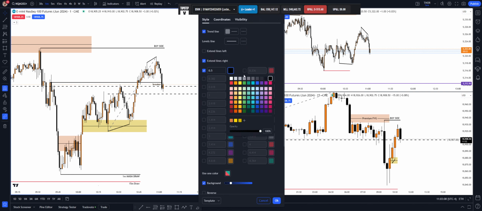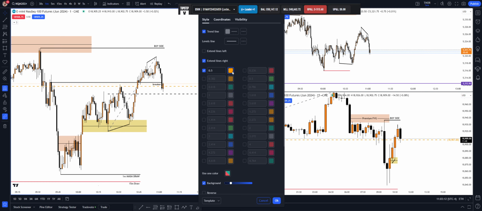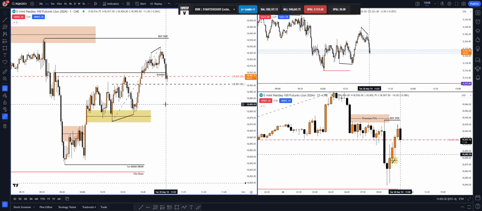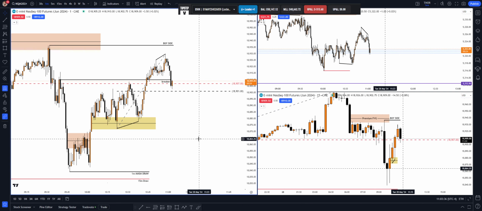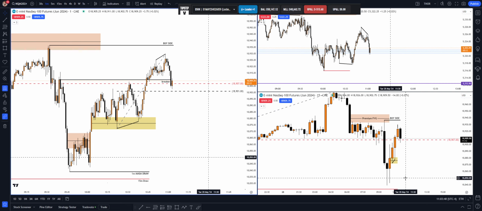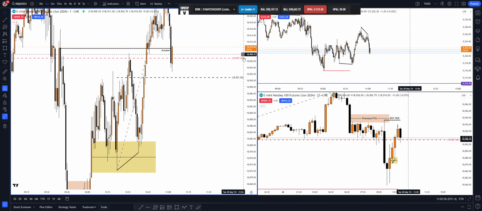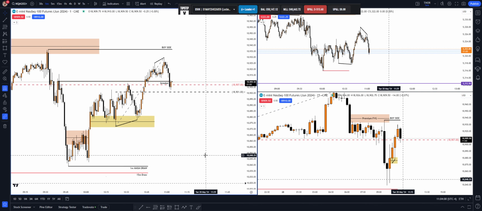This one's the higher time frame. Yep, surely it could push one more time.